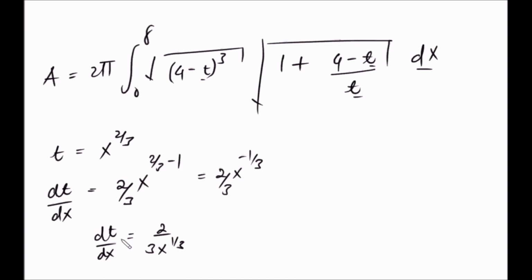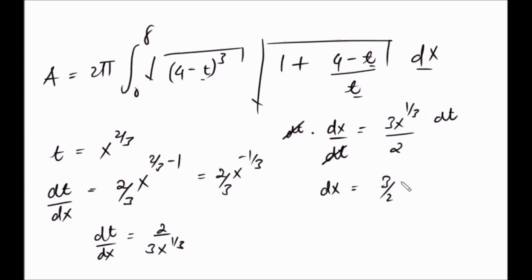Yeah, so reciprocate huku tutakuwa na dx dt, yani numerator ifanye denominator, denominator ifanye numerator. Reciprocate huku na huku pia, kwa hiyo tuna 3 times x power 1 over 3 over 2. So hii dt times huku na huku goes, so dx ni sawa na 3 over 2 times x power 1 over 3 dt.